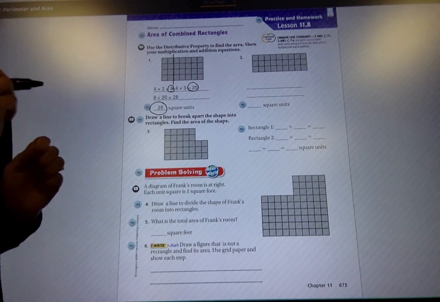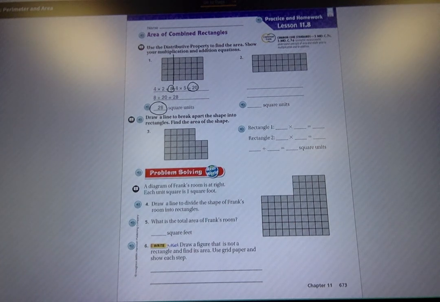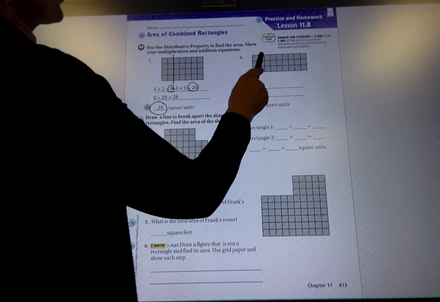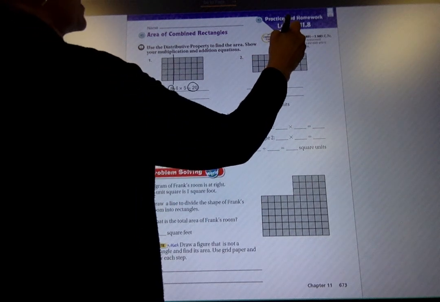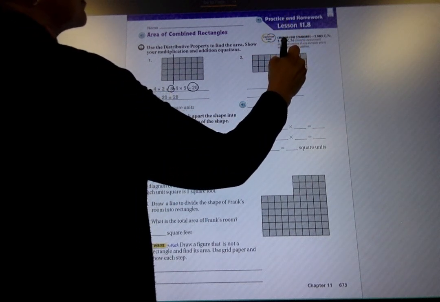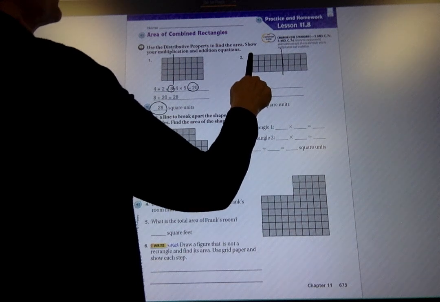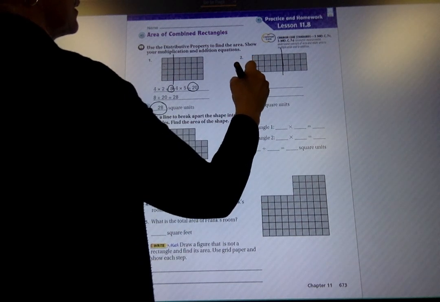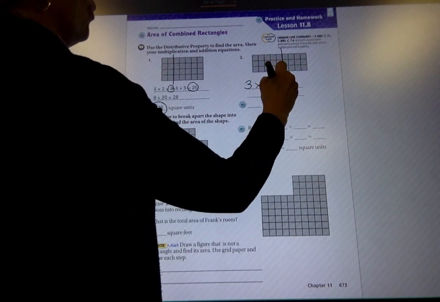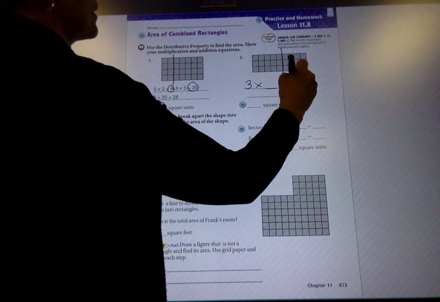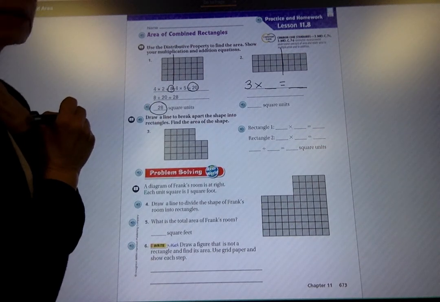So over here, on number 2, let's say we count 1, 2, 3, 4, 5, and split it here. So we're going to take 1, 2, 3 times what equals, give me that first product.